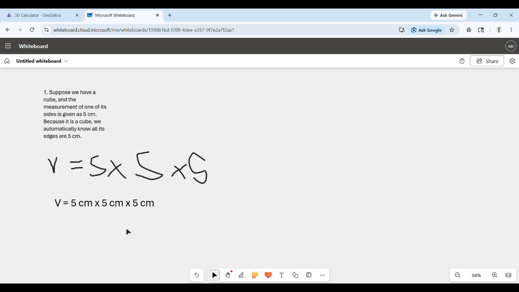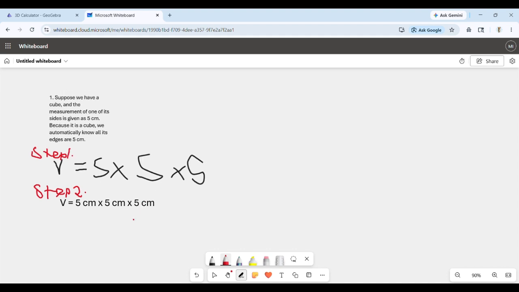So this is step 2, and this is step 1. It's kinda hard.